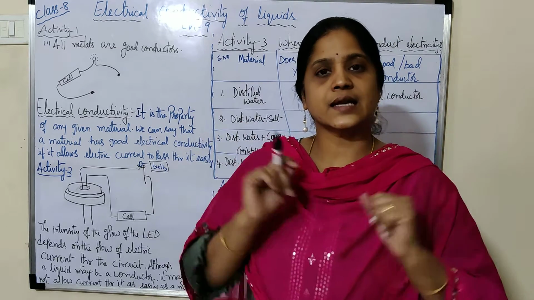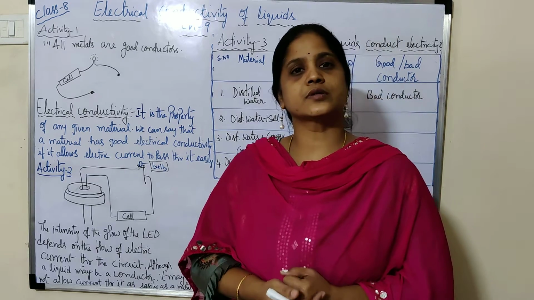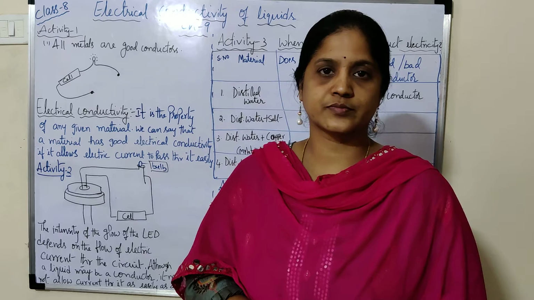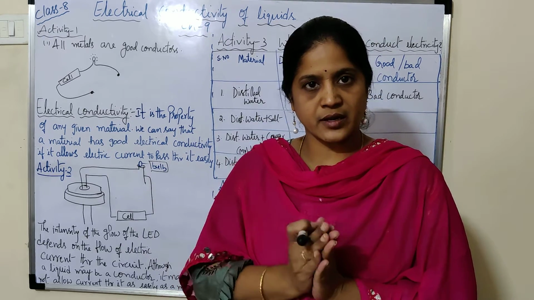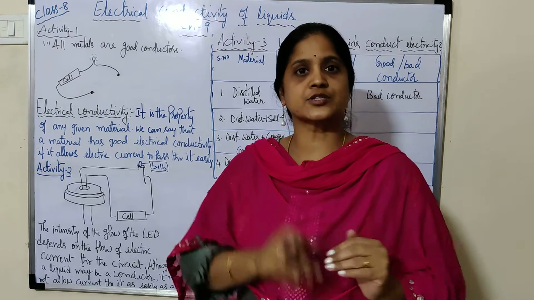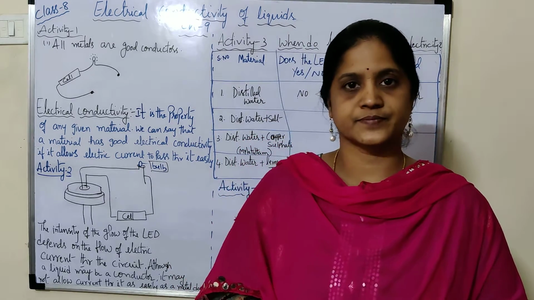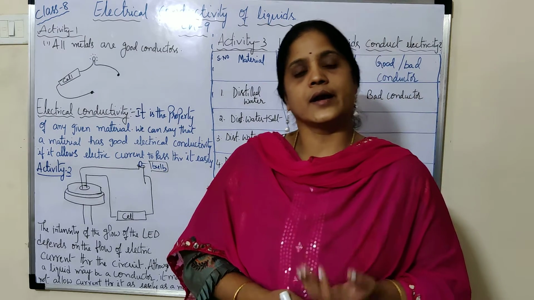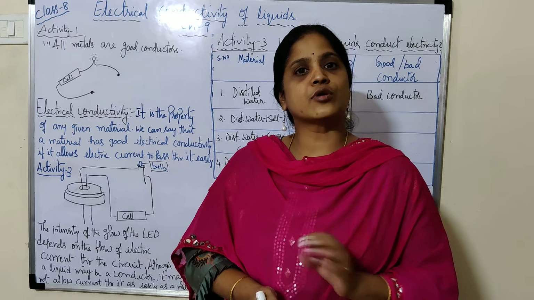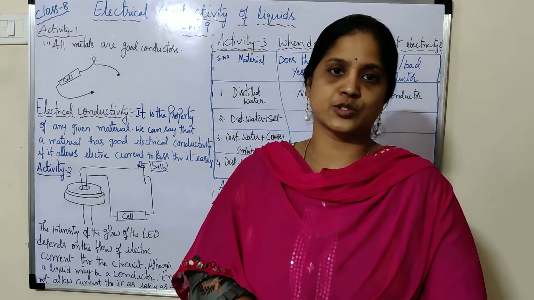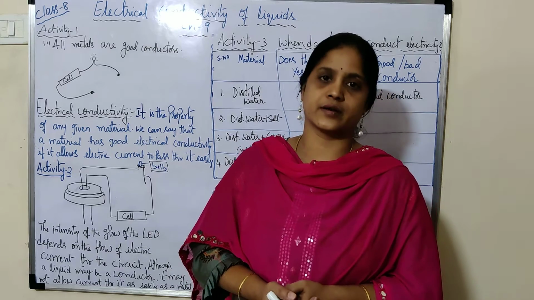Mainly the materials are classified into 3 types, but in our textbook it was given as 2. If any material allows the current to pass through it, then the material is known as a good conductor. Some materials do not allow the current to pass through them, so they are known as bad conductors or poor conductors.